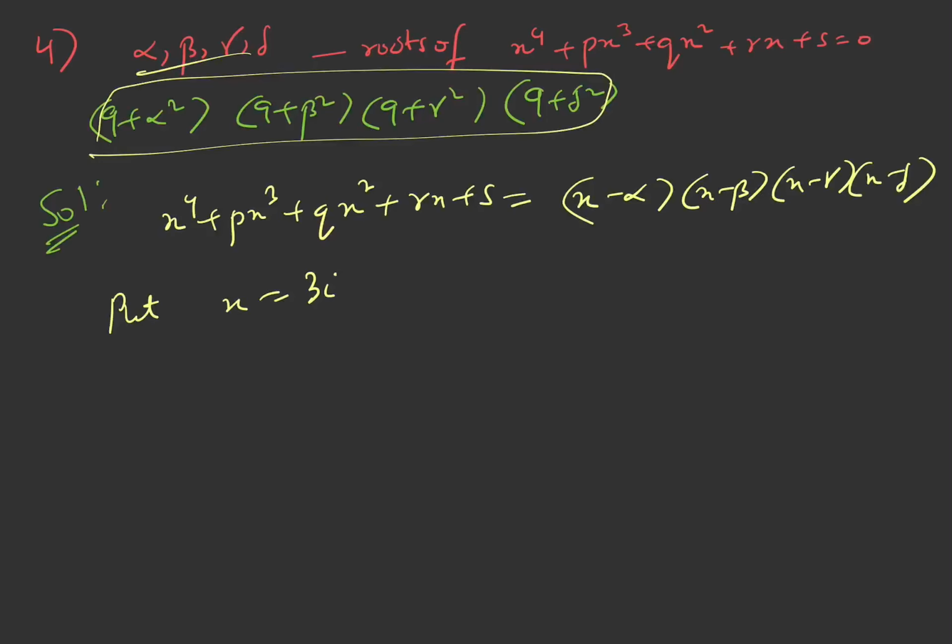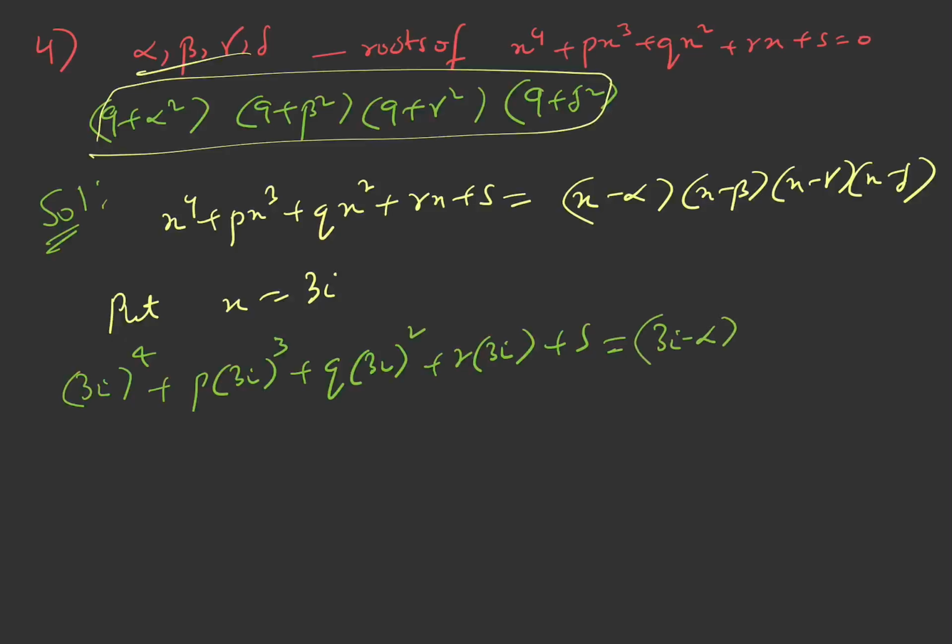So this is 3 iota whole power 4 plus p into 3 iota whole cube plus q into 3 iota whole square plus r into 3 iota plus s. This is nothing but 3 iota minus alpha, 3 iota minus beta, 3 iota minus gamma and 3 iota minus delta.